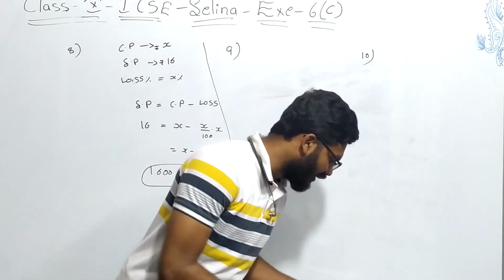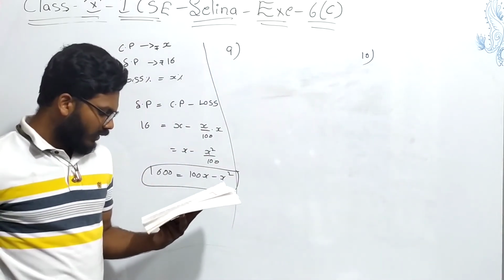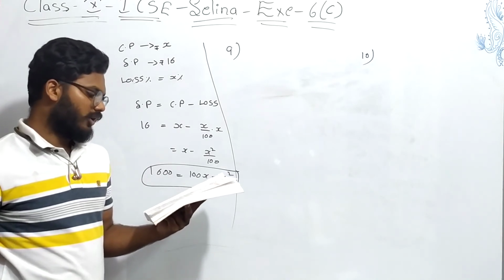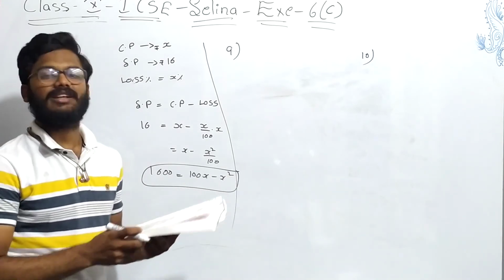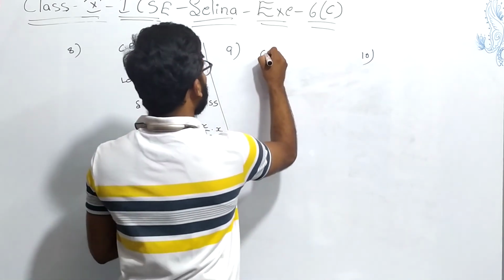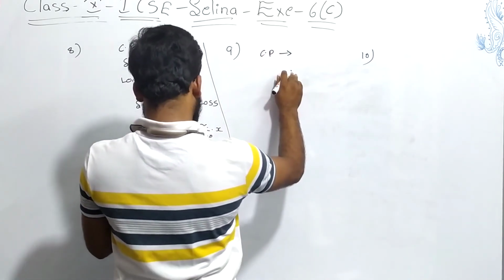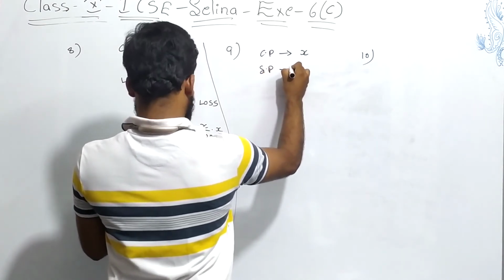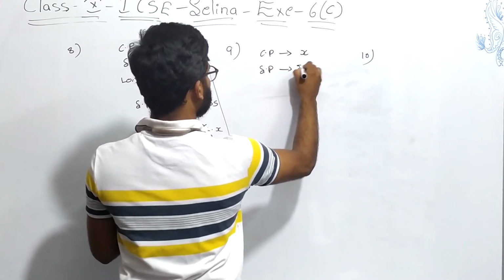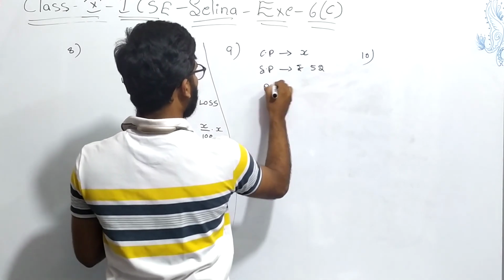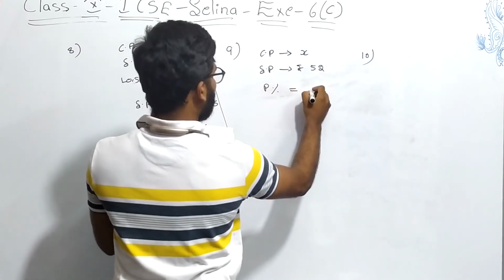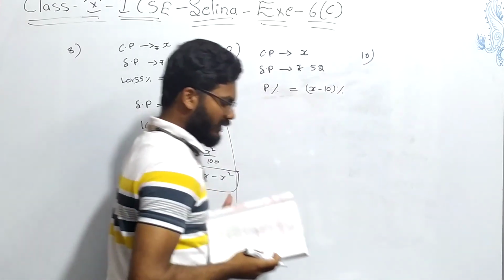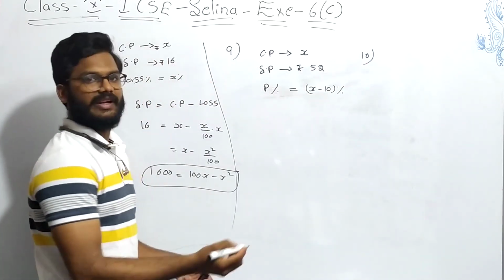In the same way, in the 9th problem, a trader bought an article for x and sold it for rupees 52, thereby making a profit of x minus 10 percent. So here they gave that he bought it for x rupees and he sold it for rupees 52 and he gave the profit percentage as x minus 10 percent. So already we know the relation between CP, SP and profit.